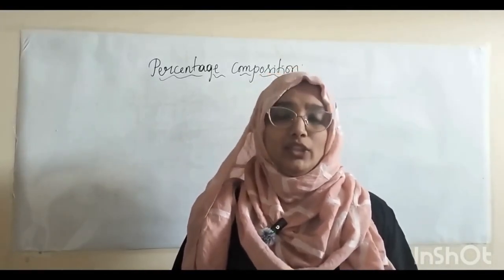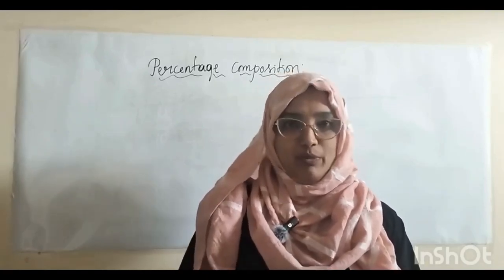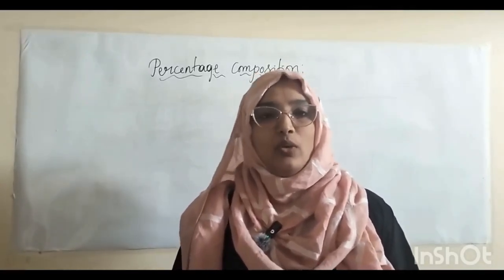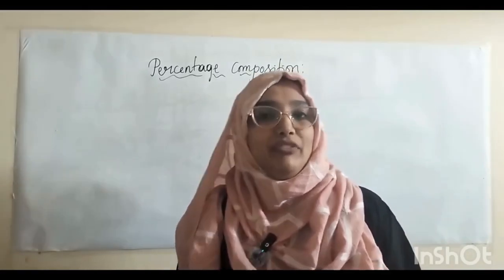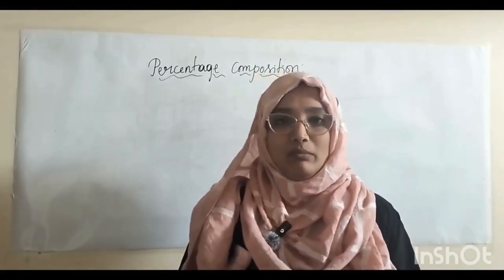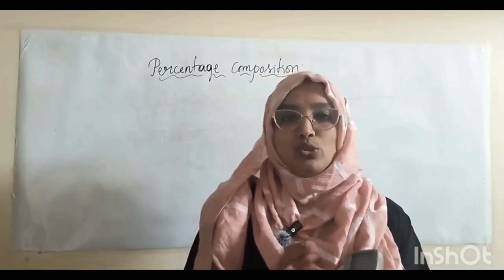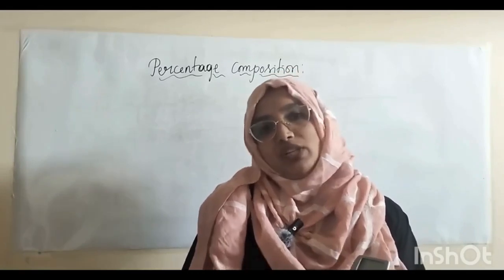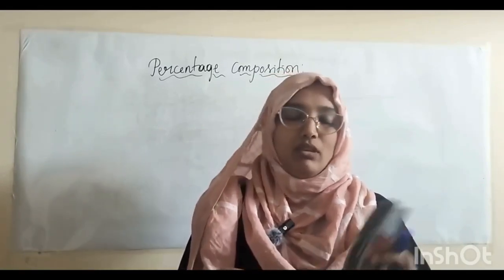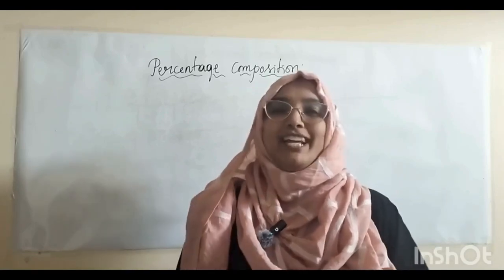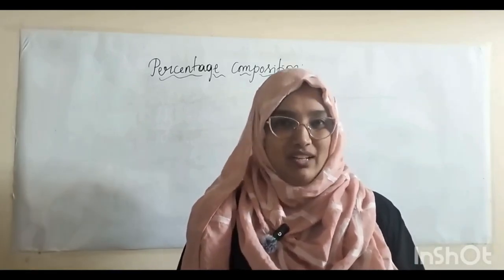Then when we need to take the percentage of those 2 people, we can't say both of them are 50-50. It depends upon the mass of the person, right? So if that person is too slim, he or she can be below 50%. If they are very fat, they can be above 50%, right?